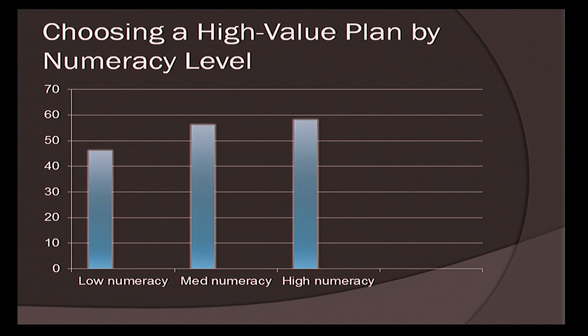We showed people a pretty simplified version, not as complicated as what you would see in an exchange, looked at their numeracy, and we were looking for choices that reflected high value. That is, that the quality was good and the cost was reasonable. And again, it was a simplified data display, and we did see a real difference in numeracy impacting the ability to make a high-value choice.